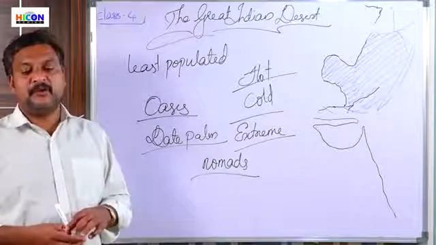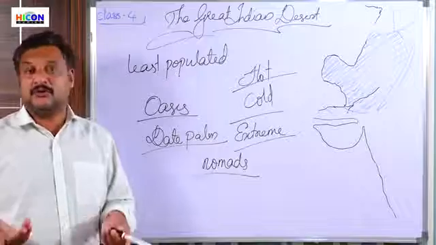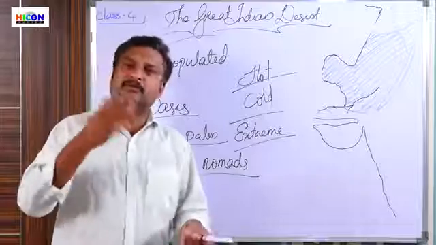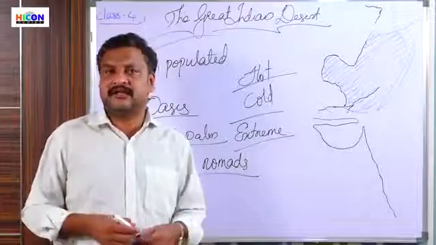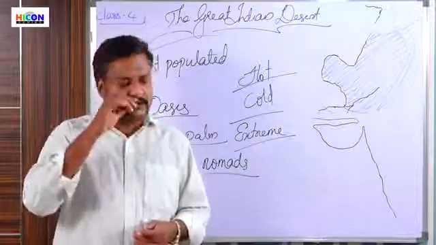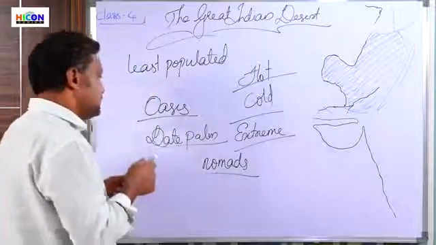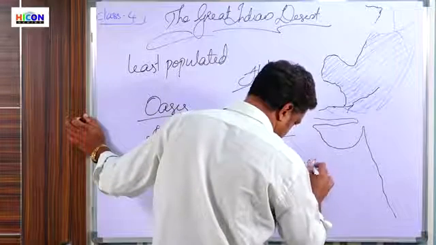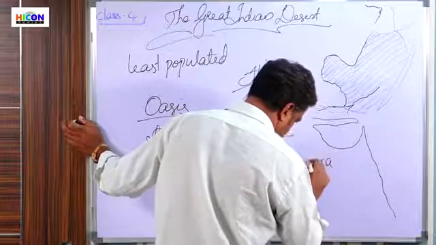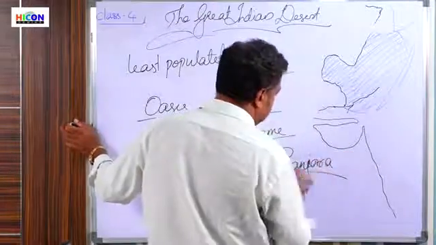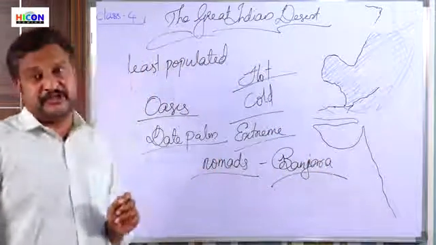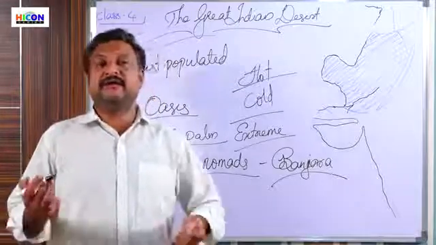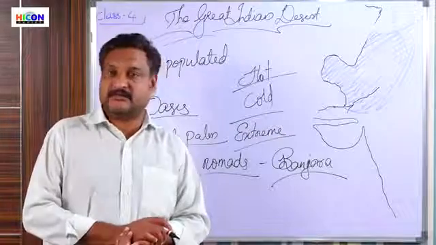So the people over there are usually nomads, right? They keep on moving from place to place in search of a livelihood. One of the most important nomadic communities is the Banjaras. The Banjara is a tribal community, a major nomadic community in Rajasthan or in the Thar Desert.